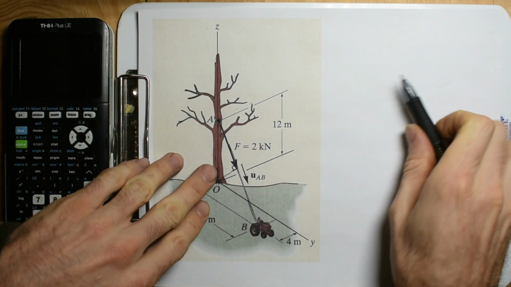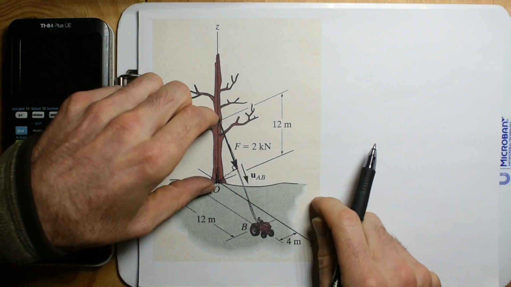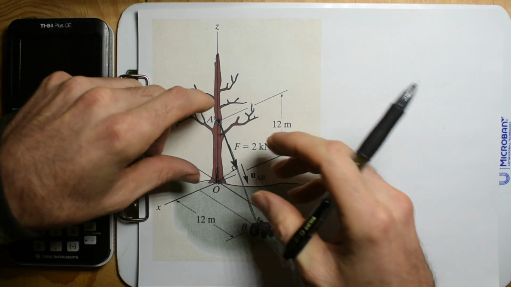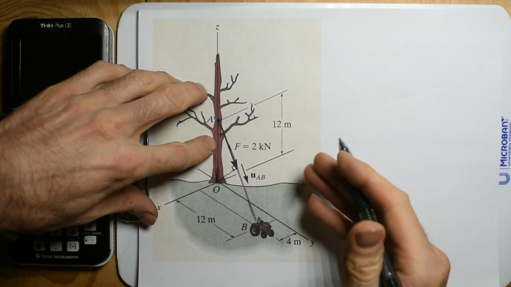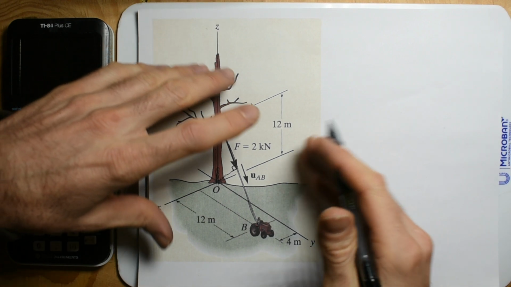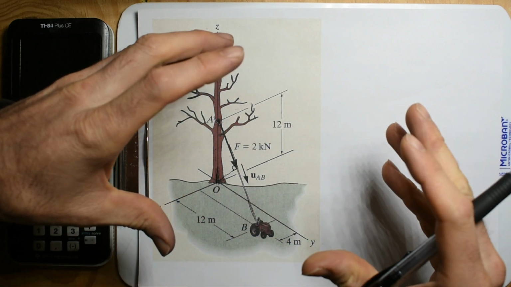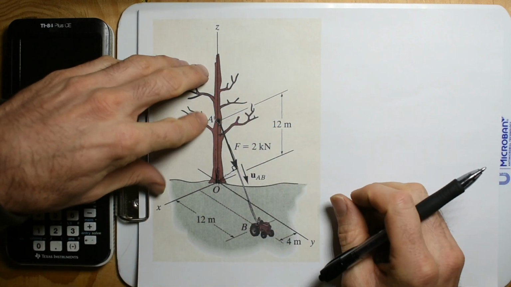And then you can see it's about a 45-degree angle. The cosine of 45 is 0.7, that's like 70%. So I'd have to take 12 times 20 and then take 70% of that.